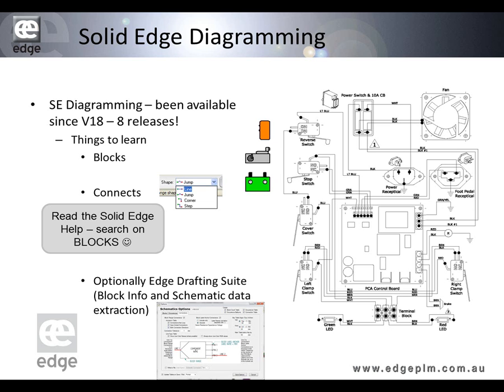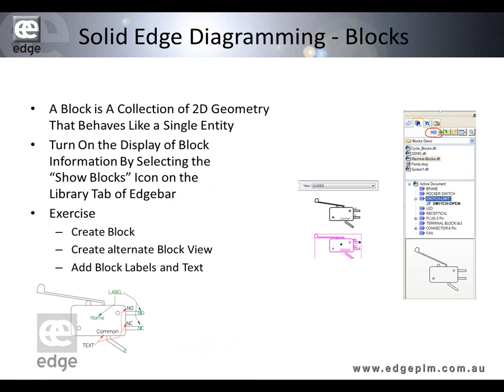There's a really good source of information in here, and don't forget to read the Solid Edge Help. Search on blocks. You'll find a great deal of information. So we'll be covering blocks, connects, and there's another set of software options that we have that are the Edge drafting suite. We'll talk about those a little bit later, but that allows you to extend the use of your schematics, and we'll see how that works in a moment.